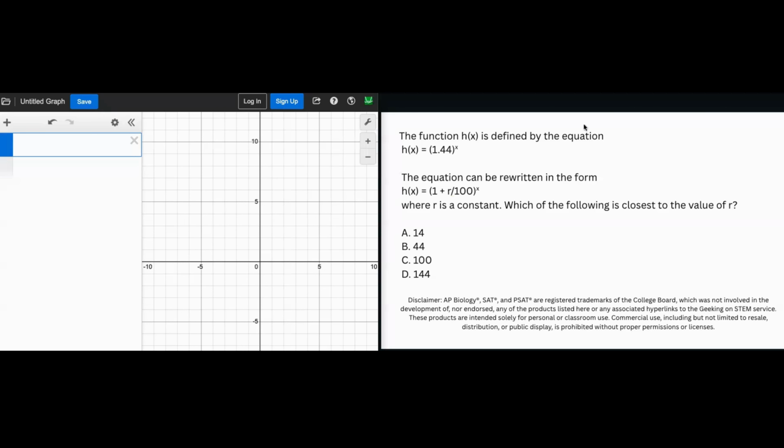So let's try that. First of all, remember we can't type in h of x, but we can replace it with y. So I'm going to go into Desmos and say y equals 1.44 and then in parentheses here, I can use the caret symbol to fast track this. The caret symbol is your little symbol that looks like an upside down V. It's usually above the number 6 button on your computer or laptop, so make sure you check that out.